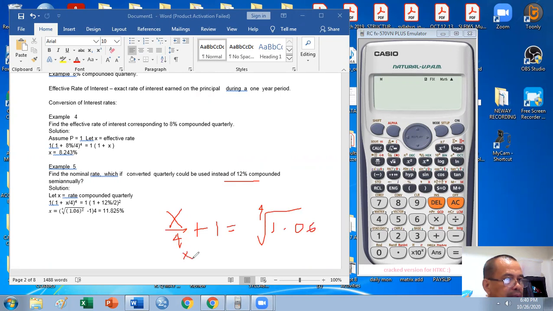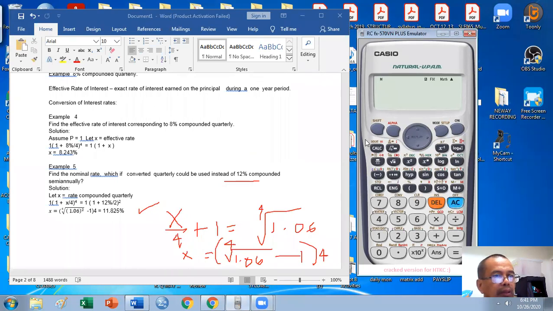Therefore, x equals the fourth root of 1.06 minus 1 times 4. There. So, compute, that is what? Fourth root of 1.06. Then subtract 1. That's times 4.